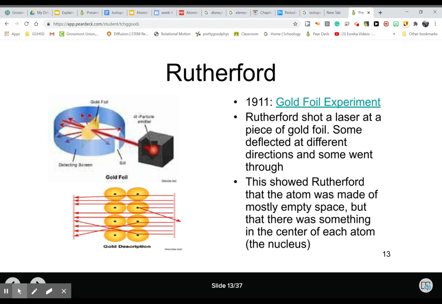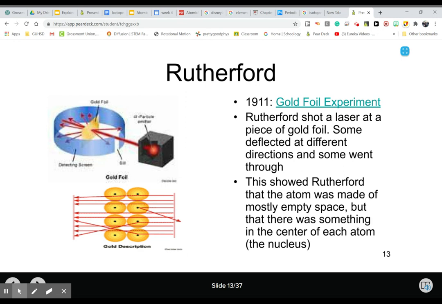But Rutherford shot a laser through pieces of gold foil. What really surprised him, because he expected everything to bounce back, is that most of the rays, the alpha particles, ended up going through the gold foil. That showed him that an atom was made up of mostly empty space. This right here, an atom is made up of mostly empty space, is super important.